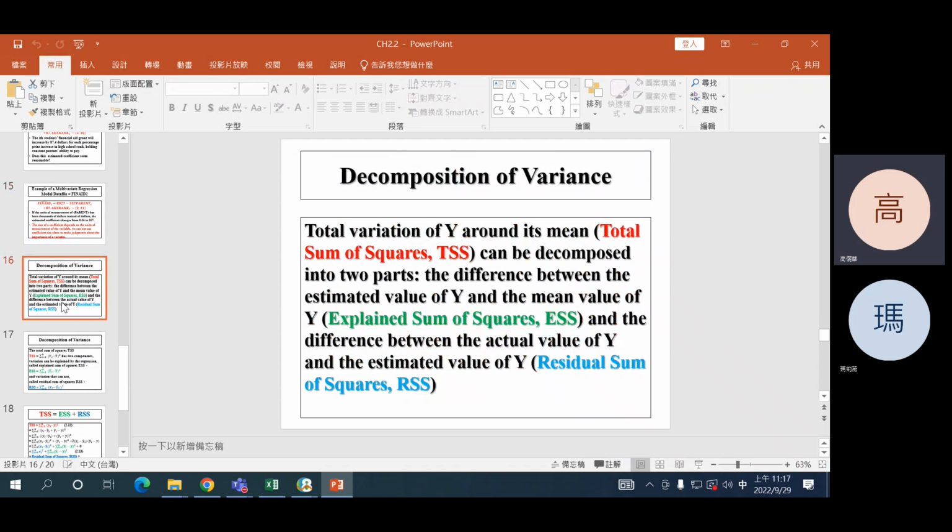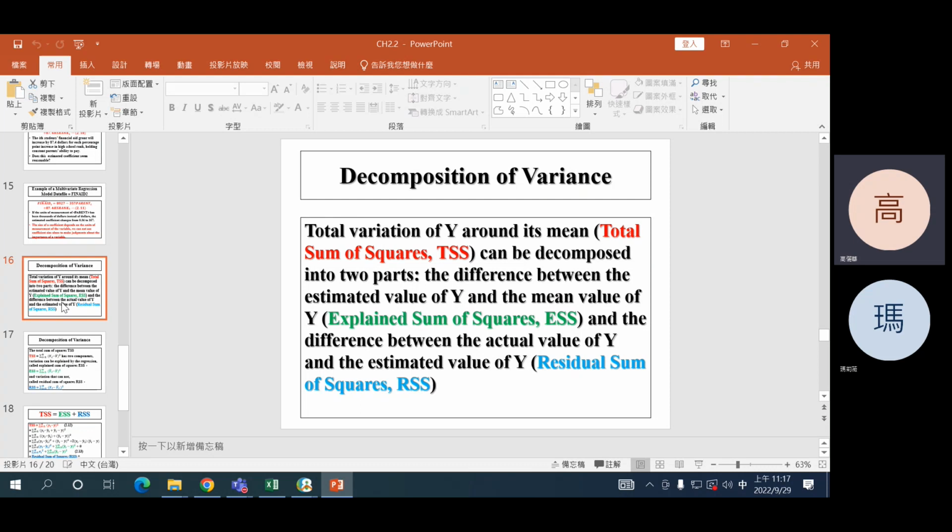Then this is a part that I need to give some explanations for. There are some names about this regression model. We have three terms.